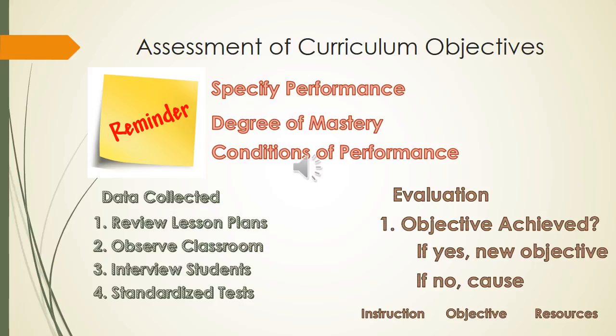I've got a lot of data there, and some of it is subjective data, lesson plans, observing in the classroom. But it gives me enough information that I can make a decision about, has the objective been achieved? Or does this objective need to be rewritten?